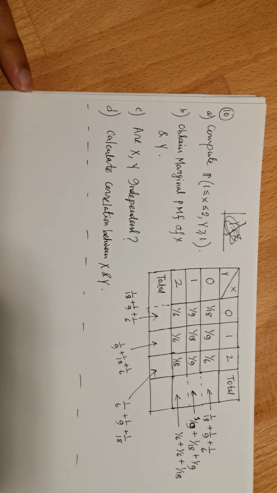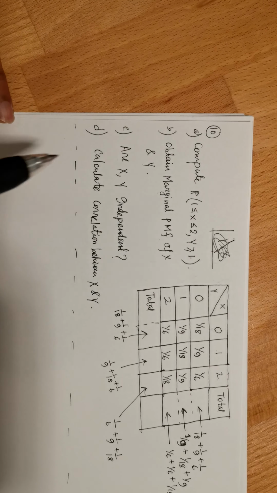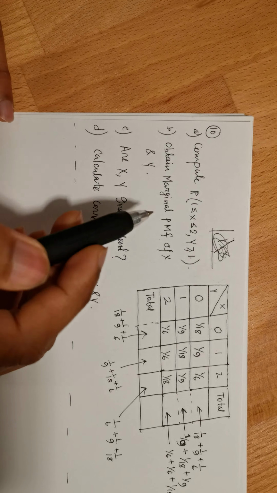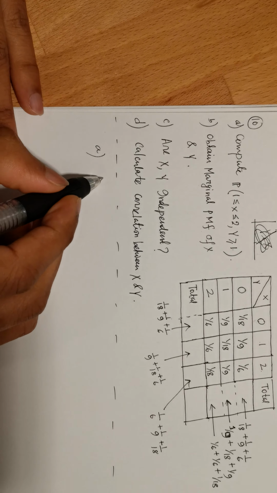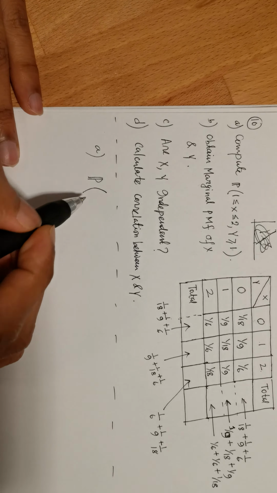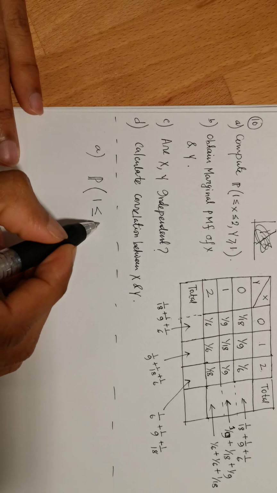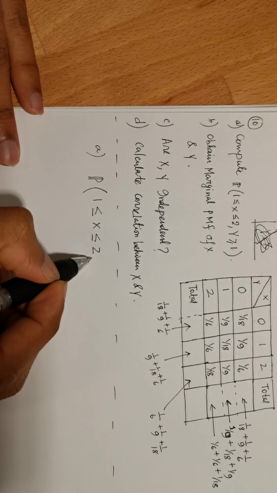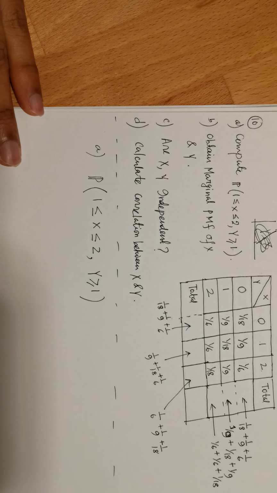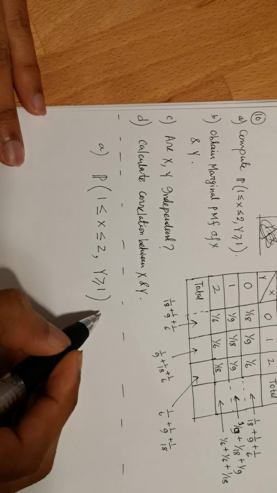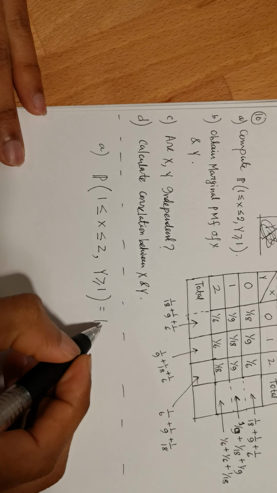So let's solve problem A. We have to compute the probability of 1 less than or equal to x less than or equal to 2 and y greater than or equal to 1. Now look at this. This can happen this way.